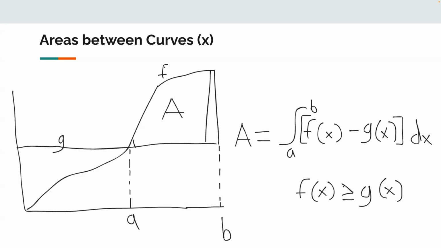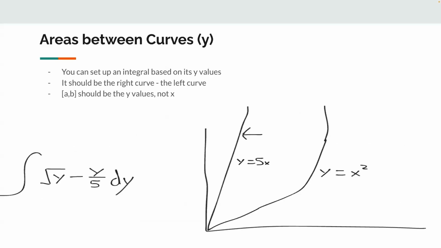And by the way, this is for functions represented as y in terms of x's. So y equals x squared, y equals square root of x, or so on. We can also set up an integral based on y values. For the two curves I have shown, we would solve for x, so x is equal to y over 5 here, for example.